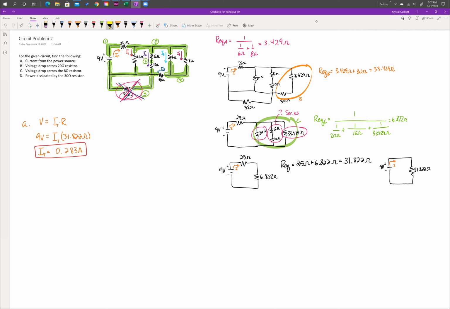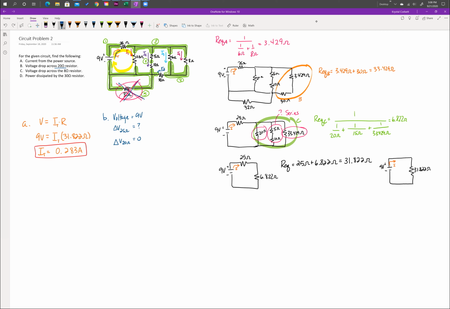If we think about the loop that passes through that resistor, we know that the rises have to balance the drops. So if I address the segment of part B for that 20 ohm resistor, the voltage rise for that loop is equal to 9 volts. We have a voltage drop across the 25 ohm resistor, and then we also have a voltage drop across that 20 ohm resistor.